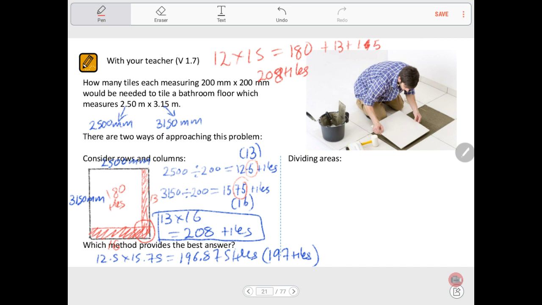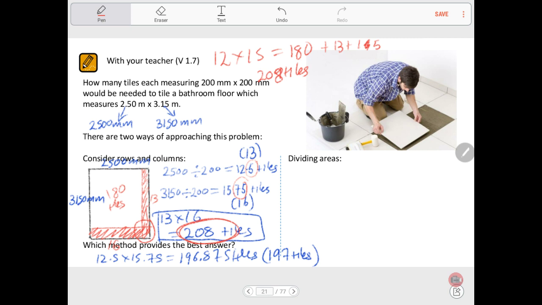Okay, so that's one way of looking at it. You may disagree with that, and I'd love to hear your thoughts on it if you do. But I'm going to say the answer is 208 tiles. Okay, and I hope that wasn't too confusing. So come over and talk to me in person about it if you're not sure.